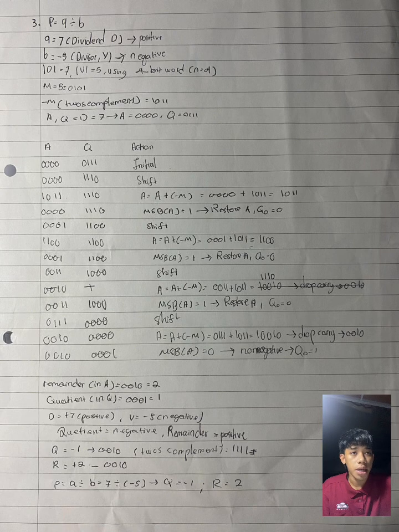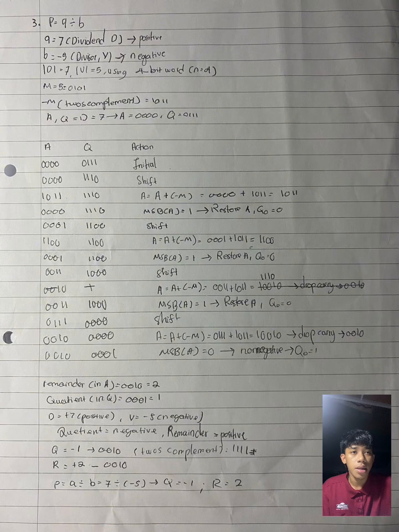And then for cycle 1, shift left. A becomes 0001 and Q becomes 110. And then we put a question mark in the back, and then subtract M. A equals 0001 plus 1011 equals 1100.